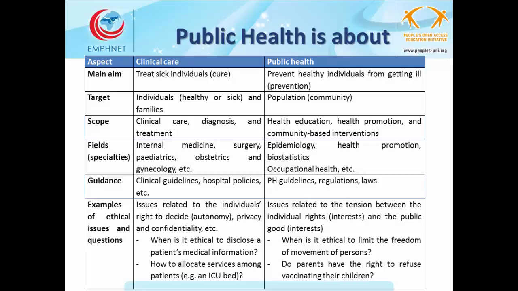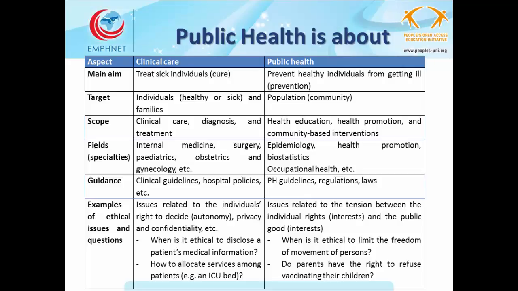In clinical care, usually doctors target individual patients, or sometimes healthy individuals, and their families. In public health, our target is usually the whole population. The scope in clinical care is about the clinical care, diagnosis and treatment, while in public health, our interventions are usually devoted to health education, health promotion, and other community-based interventions.